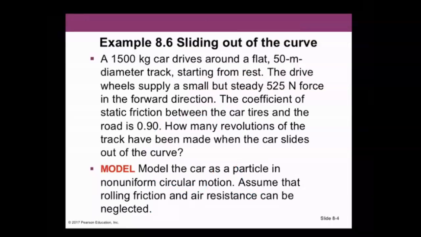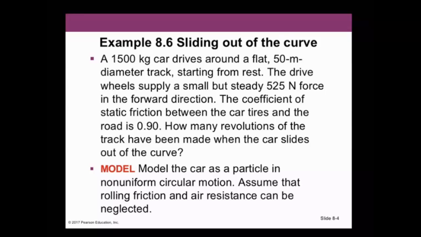Let's consider example 8.6, called sliding out of the curve. A 1,500 kilogram car drives around a flat 50-meter diameter track, starting from rest. The drive wheels supply a small but steady 525 Newton force in the forward direction.